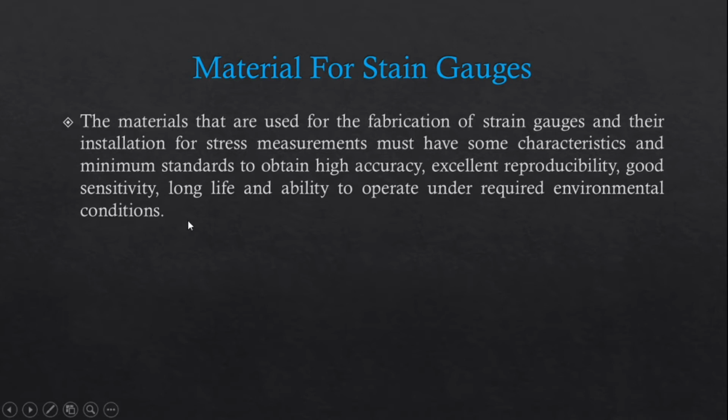So our measuring device should be very reliable. Accuracy should be high, with excellent reproducibility. The reading should have very good sensitivity, so a small amount of change in input can be sensed at the output. Then after, long life and ruggedness regarding the environmental conditions.